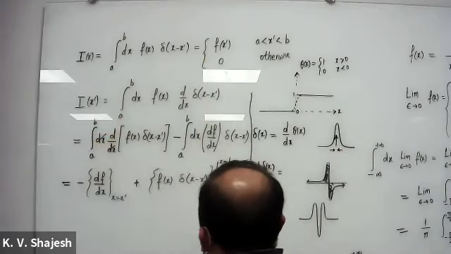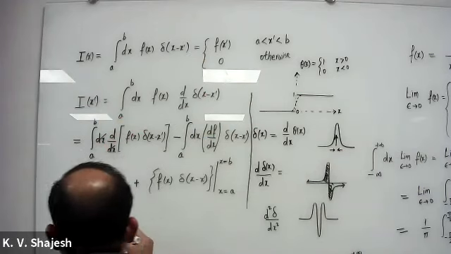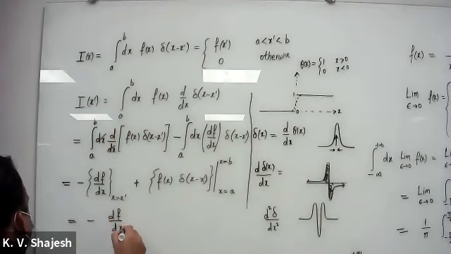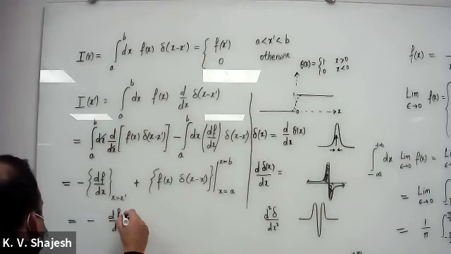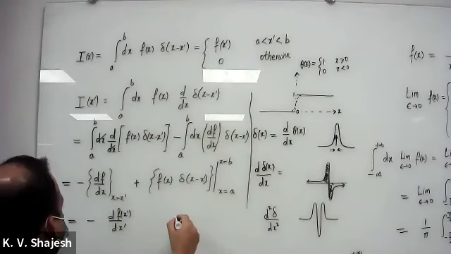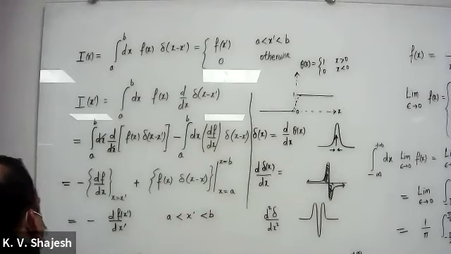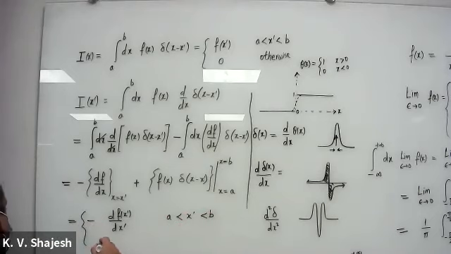So let's say left, the left, right? So let me say, this is equal to minus df by dx. I can also say x prime, right? If x prime is between a and b, or else it is 0.